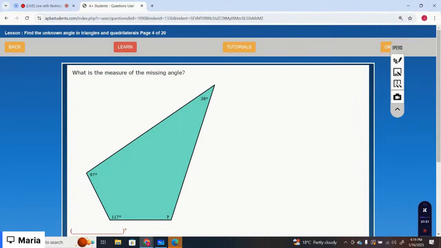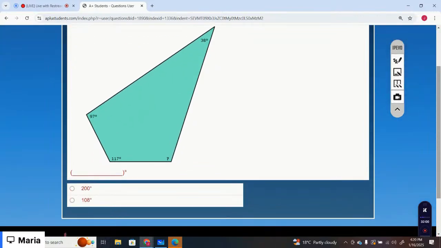What is the measure of the missing angle? The correct option is... that is a four-sided shape.